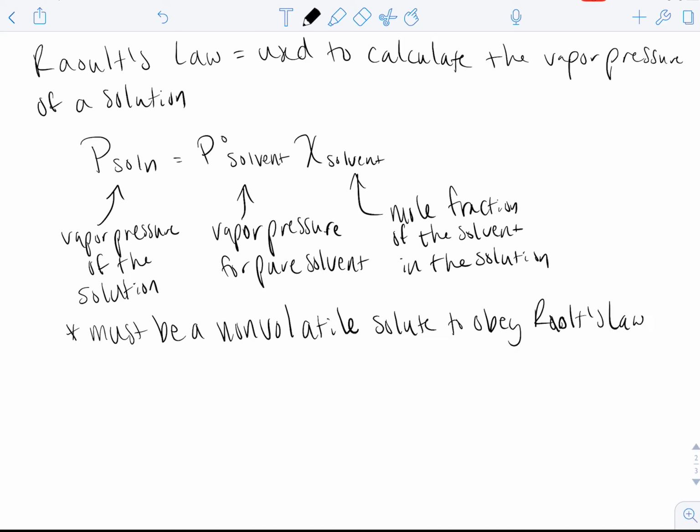We will modify Raoult's law if we have a solute that is volatile. We'll look at that in just a minute.